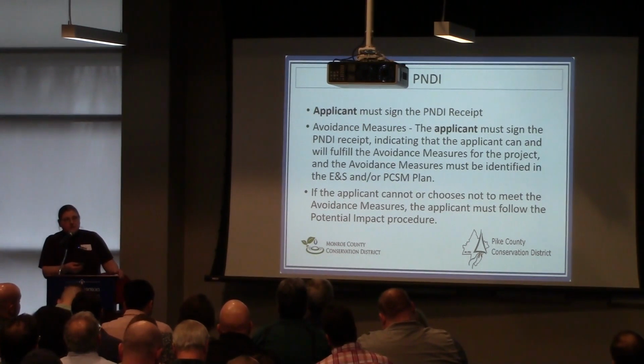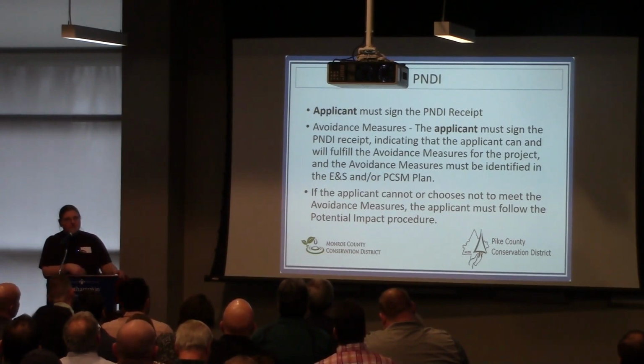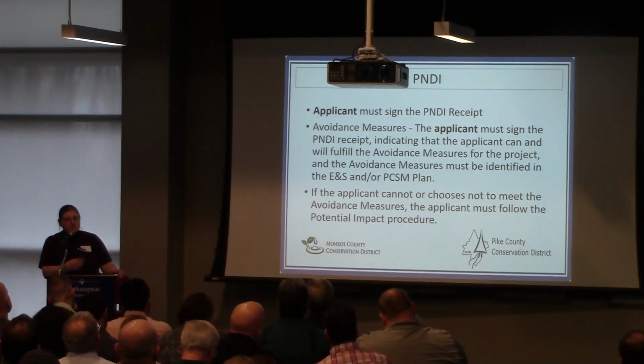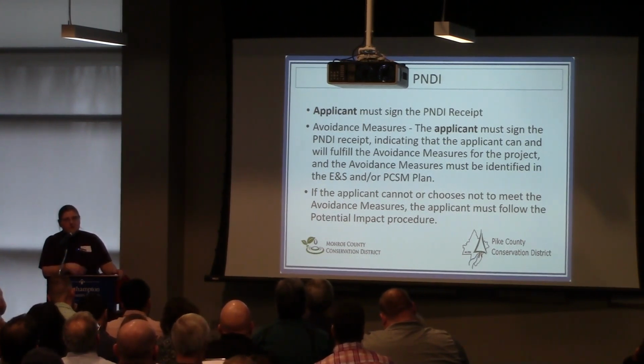They have to be on the E&S and the PCSM plan. So it's not enough to have them listed in the PNDI, you have to put those avoidance measures on the plans. If they cannot meet or choose not to meet those avoidance measures, there is a procedure. They can continue with the process with whatever agency has the potential impact. But if they're agreeing to those avoidance measures, it needs to be on the plans and they're agreeing that they're going to fulfill them.